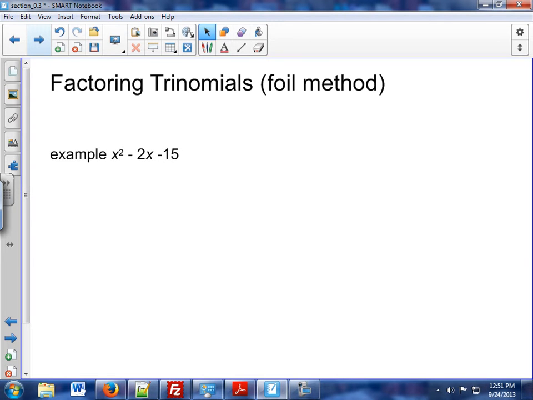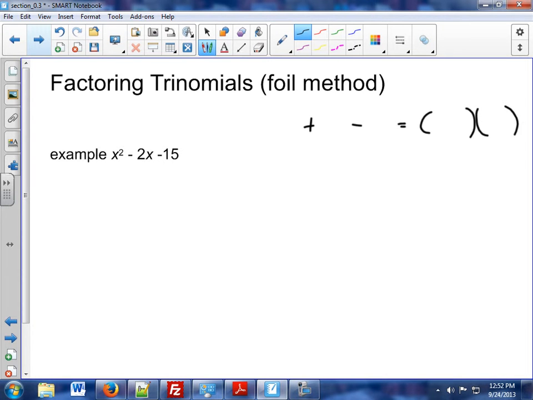Okay. Factoring trinomials. I'll just do this one. Remember the FOIL method? We're reverse foiling the big thing here where your signs. If it's plus minus, it's going to be plus minus. If it's minus plus, it's going to be minus minus.